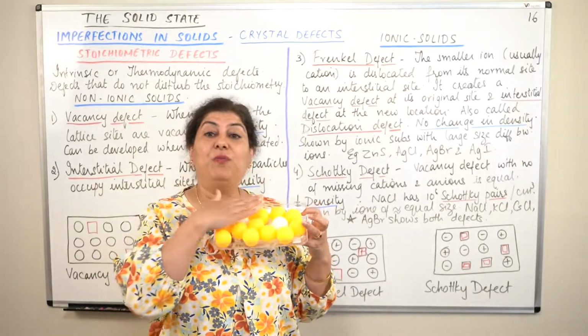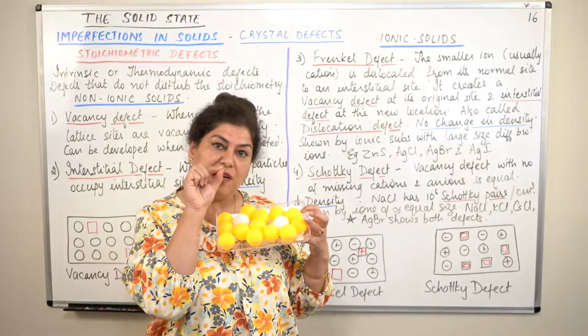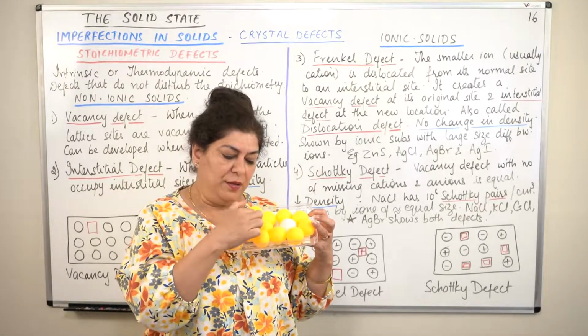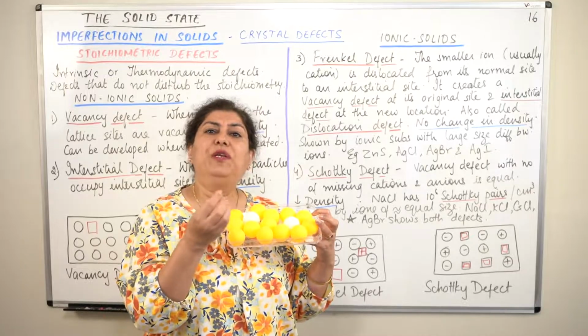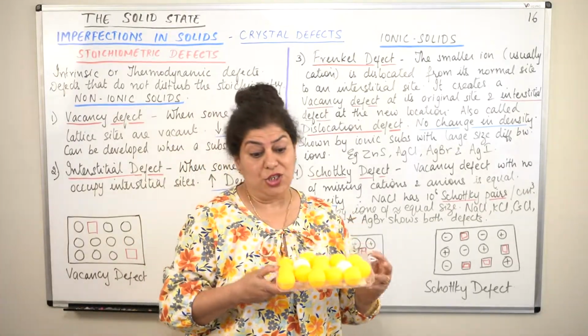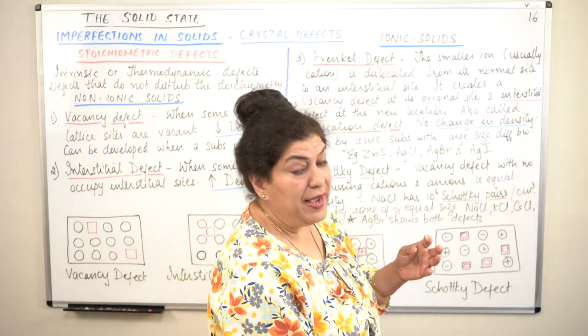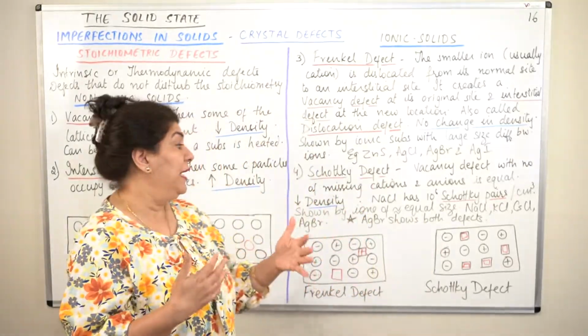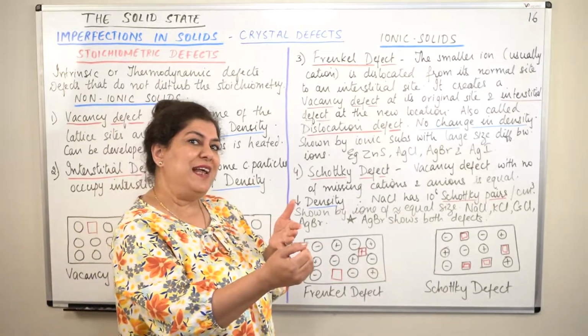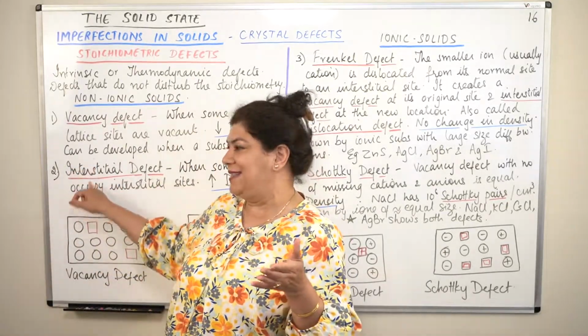And imagine if the balls were not of the same size and you had a little small sized ball which was supposed to be here. Then the spaces between these balls would be so large that that little ball can easily slip into the interstitial site, thereby leaving its lattice point. So when it leaves the lattice point, it causes a vacancy defect.